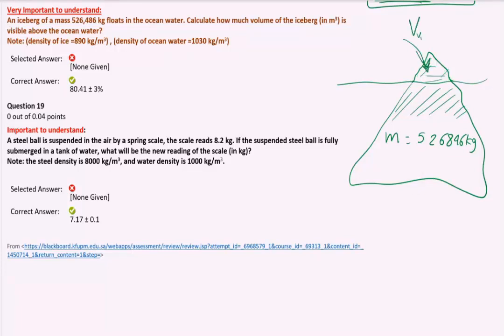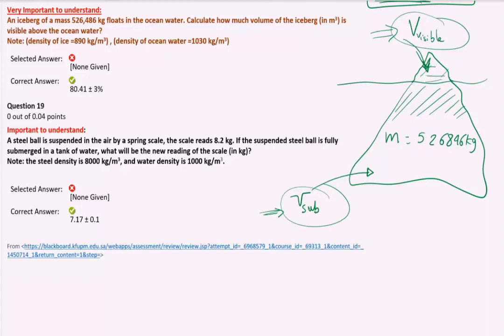V visible. Take care. The volume under the water is the submerged volume. This is the submerged volume. If you add the visible volume to the submerged volume, it gives you the total volume of the iceberg. And this is the key of the solution, that the submerged volume plus the visible volume gives you the total volume of this iceberg.